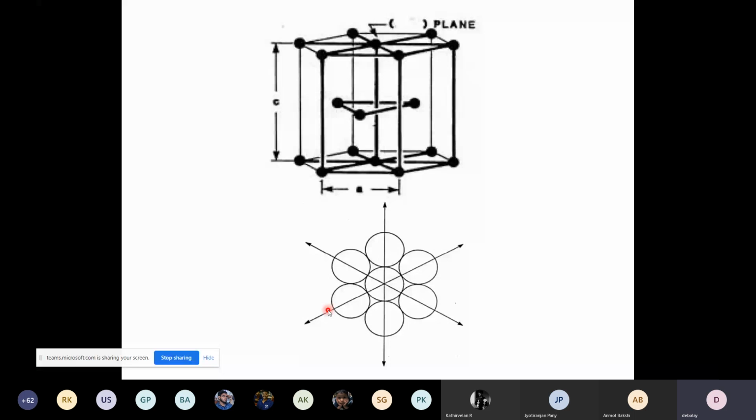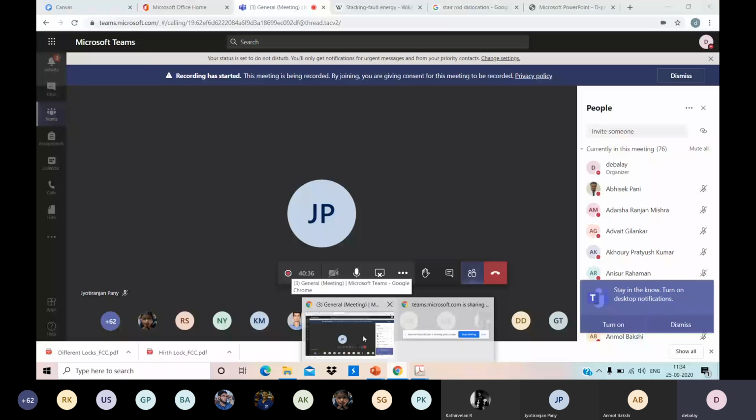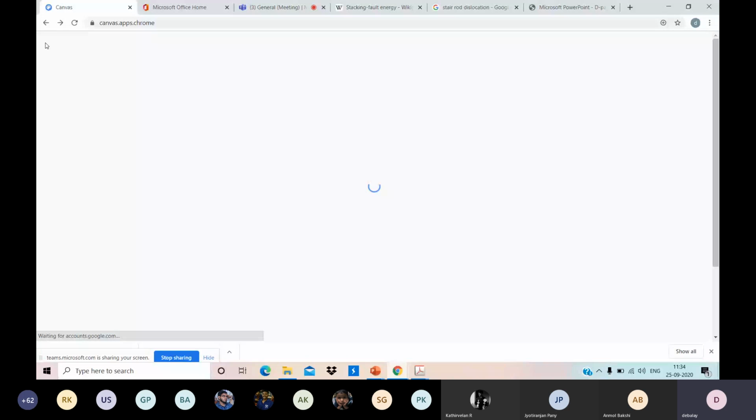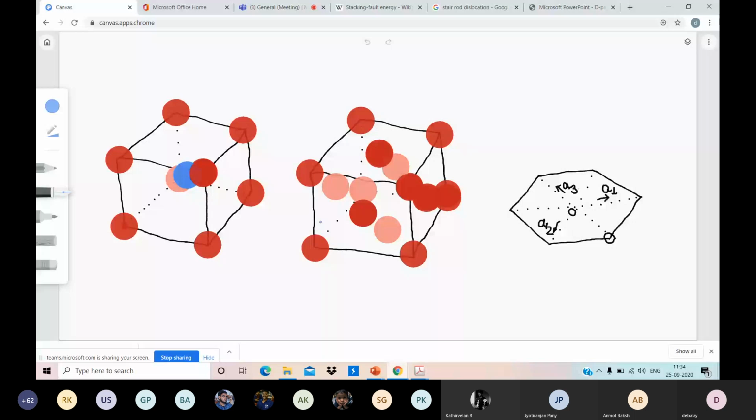Now why 1 1 2 bar? Slip direction is represented by 1 1 2 bar. Why is that? Previously we were discussing in class, right? Now I am drawing the HCP basal plane here.